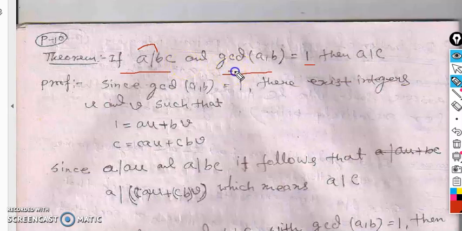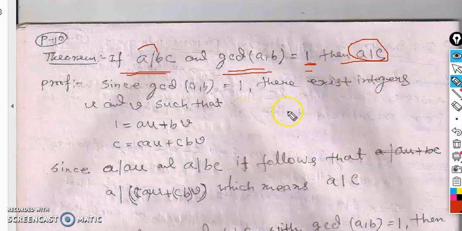But here we consider the GCD of A comma B to be 1. That is the condition. If A divides BC and GCD of A comma B is 1, in that case you can say that A should divide C.